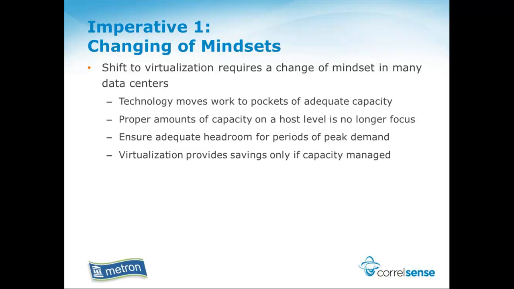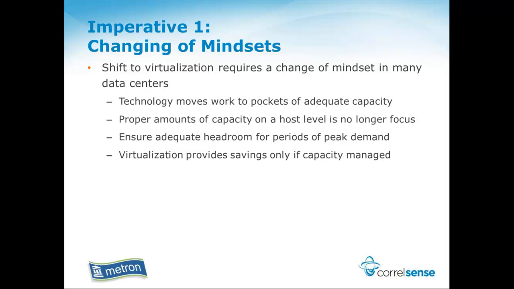We worried about servers. We worried about whether or not our utilization was above a certain level. If we managed to keep utilization below a certain level, and that varied a little bit from application to application, we would assume that our end users were getting adequate service. That's no longer good enough today. We actually need to move from thinking about the host level.